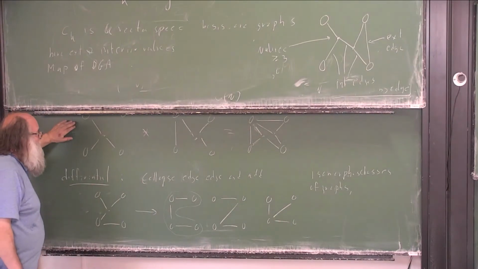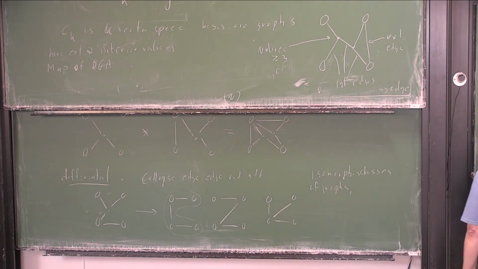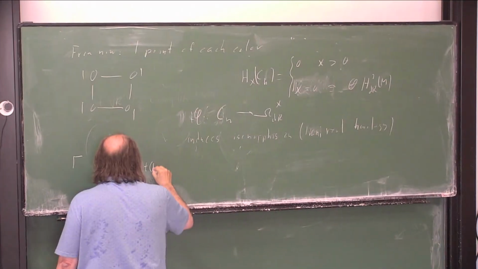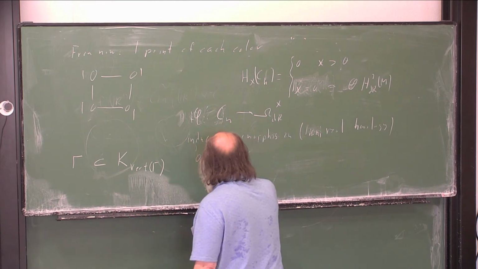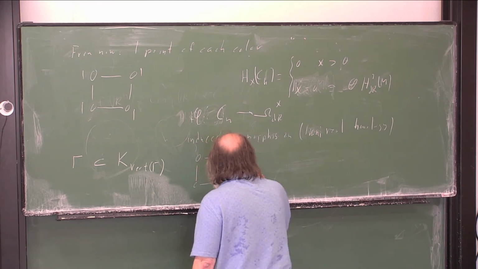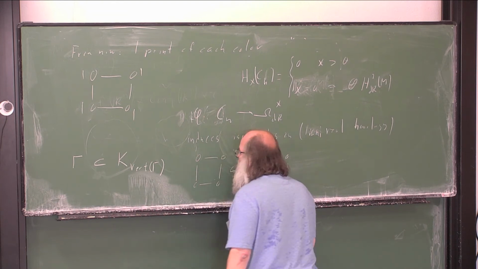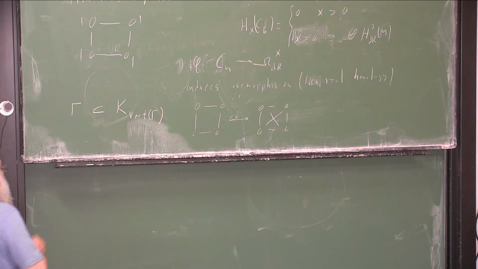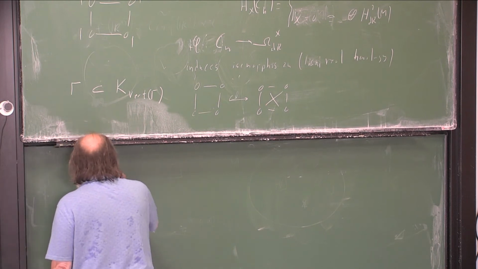Now, gamma sits in a complete graph with as many vertices as gamma has, no? So you have this inclusion. So this is included in whatever. So this gives you a sub-algebra of CK. So you can define CK of gamma.